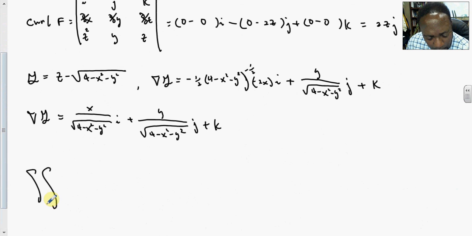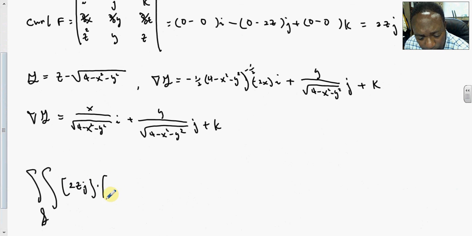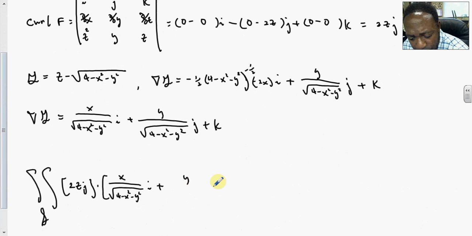So this double integral over the solid, this is the curl dot product with the gradient. So the curl, all we had there was 2zj, and then the gradient is x over the square root of 4 minus x squared minus y squared i plus y over the square root of 4 minus x squared minus y squared j, and then plus k.